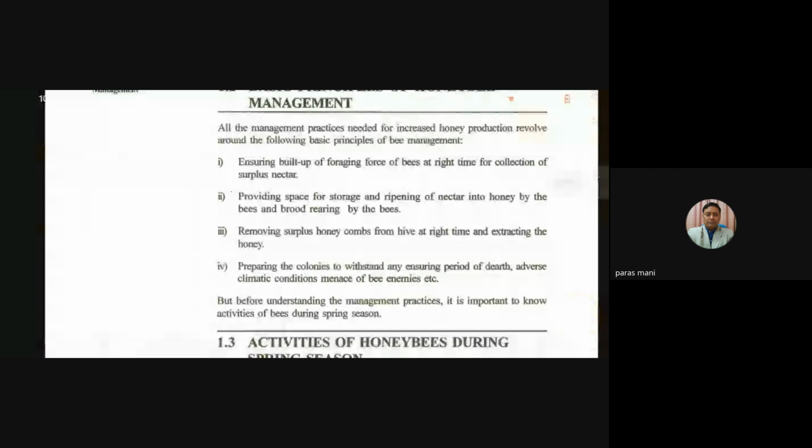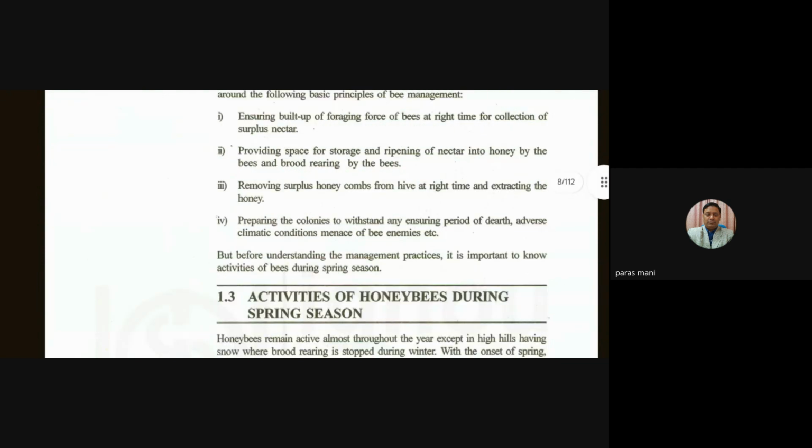And removing surplus honeycombs from the hive at the right time and extracting the honey. In a very good honey flow season, in the case of Apis cerana, it takes just 8 to 10 days for the super chamber to fill with very good honey, nectar supply.